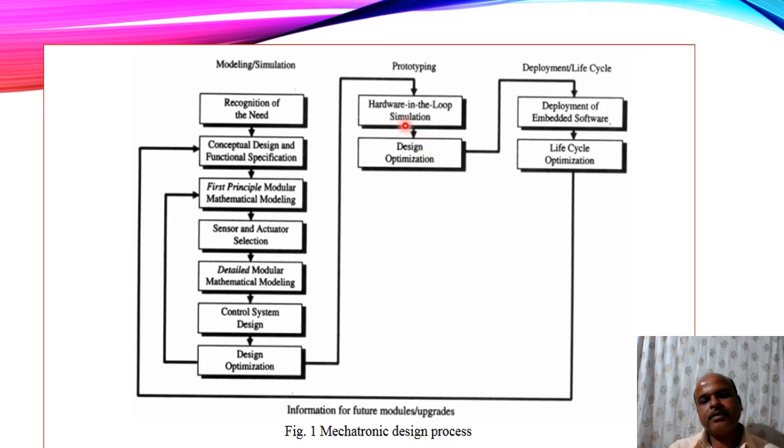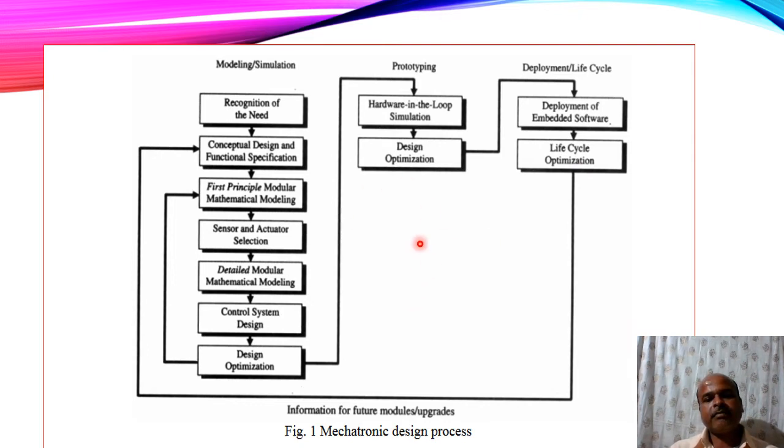We have to provide the mechanical model or prototype of that, that is hardware in the loop simulation, and design optimization. In the simulation, we have to check whether we are getting the result, and it is also called prototyping. Then after design optimization, there is the deployment life cycle, in which deployment of embedded software and then life cycle optimization.